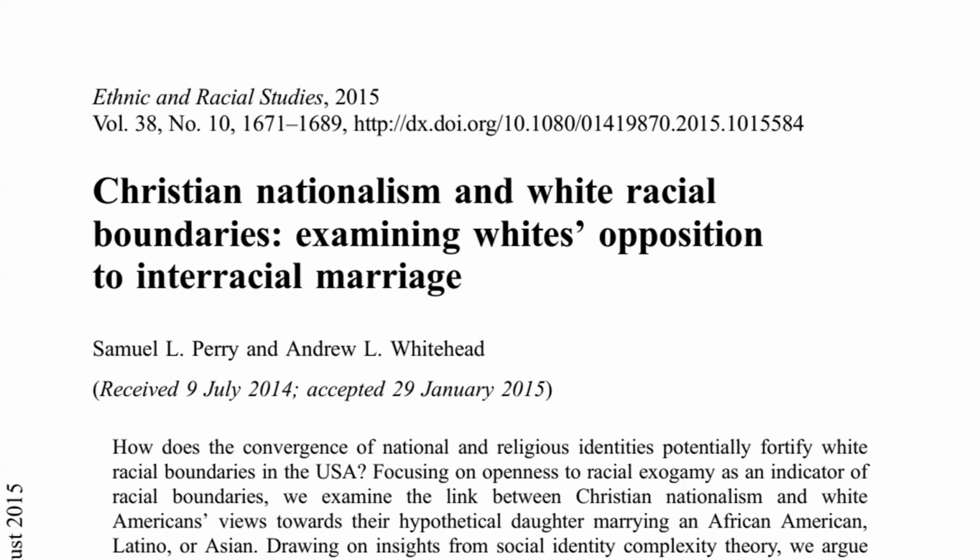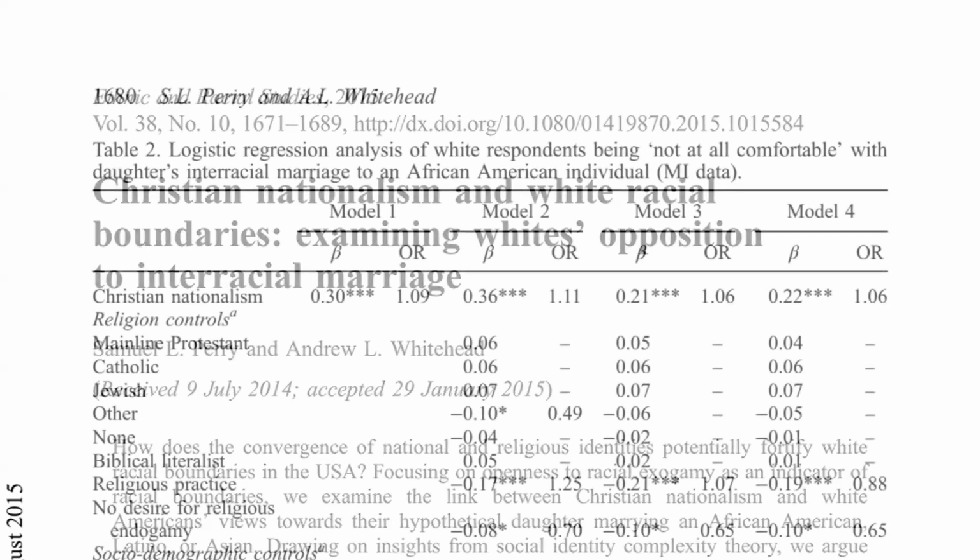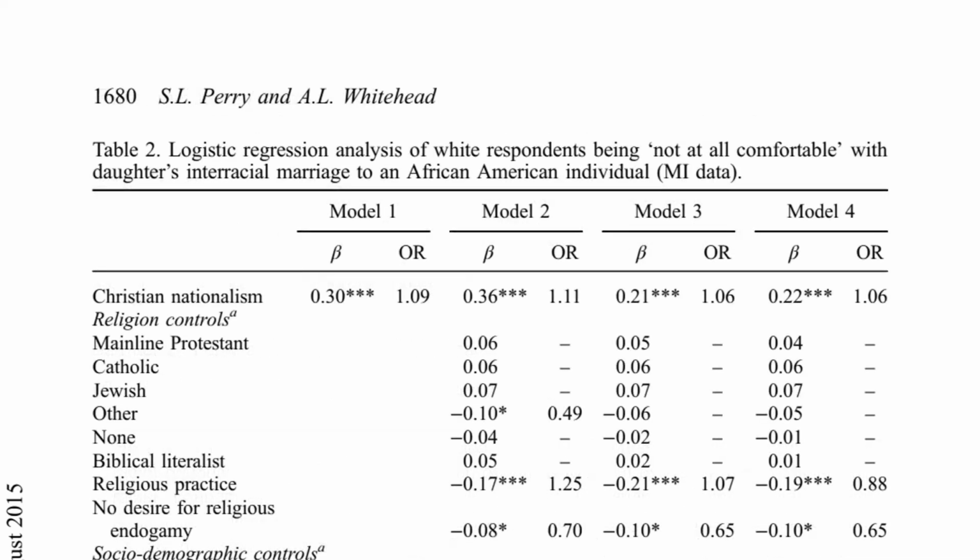So this is kind of telling that they didn't ask the reverse question, how willing would you be to let your white son marry a black female? But anyways, they asked, how willing would you be to let your white daughter marry a black male? And then they took a look at all these sort of factors that affected whether or not they would be not at all comfortable or comfortable.